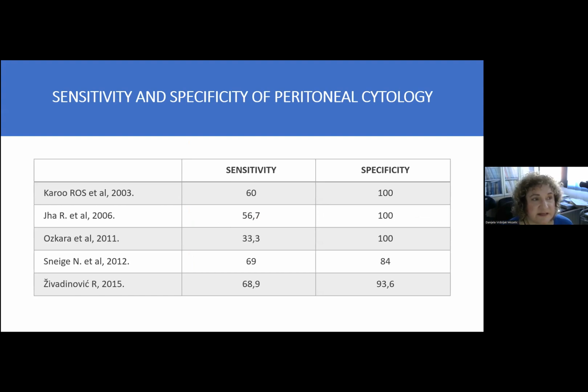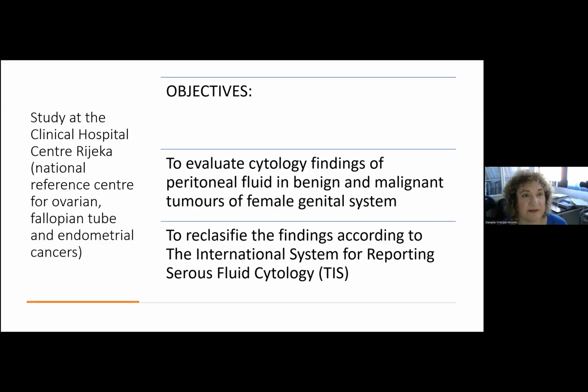So what is the sensitivity and specificity of peritoneal cytology? Specificity is high and sensitivity is variable as you look at the literature, but I think it can go higher than this. So we did a study in our hospital.